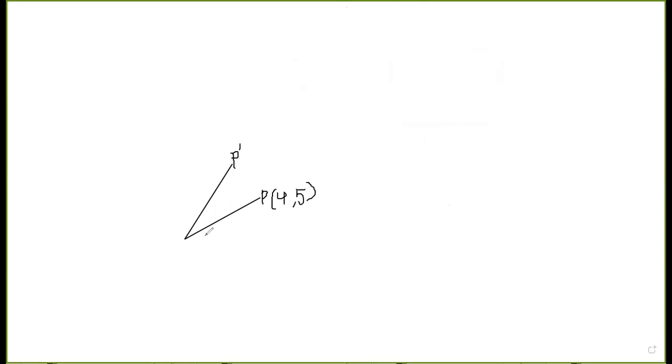P is 4,5, and this is the x-axis, and you want to rotate it by 45 degrees in the anti-clockwise direction, so your theta will be plus. Now tell me the new coordinate x dash, y dash.